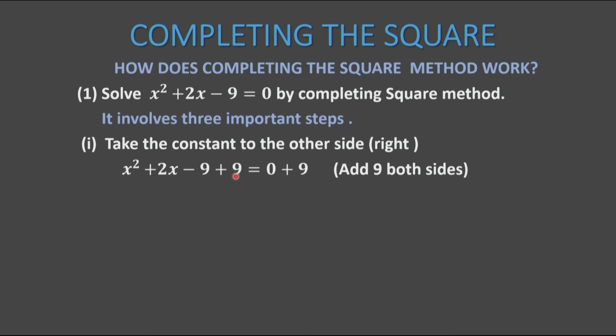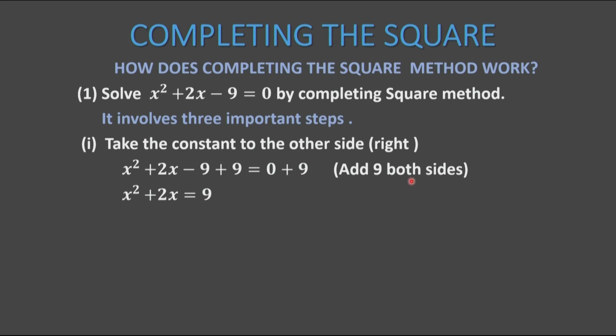But also what happens on the left also happens on the right. That's why we are saying we add 9 to both sides. It will look like that, not simplified, okay? Let's see what happens when you simplify. You realize now you have x squared plus 2x alone. We call them variables; the unknowns are together.